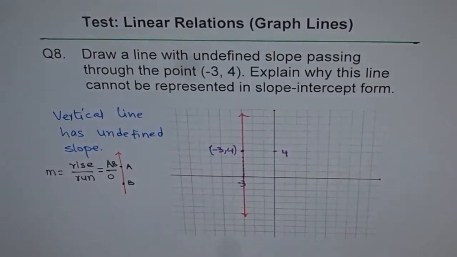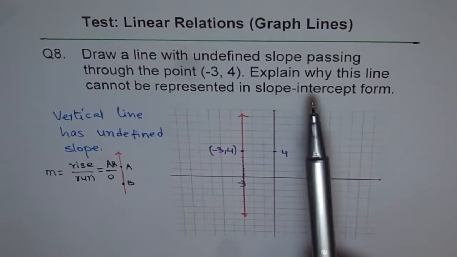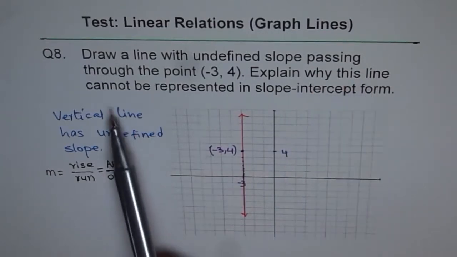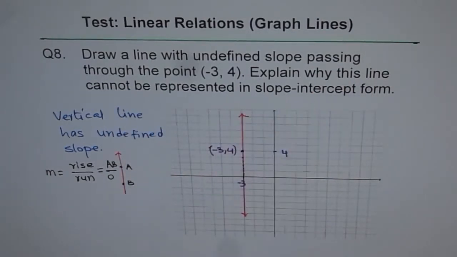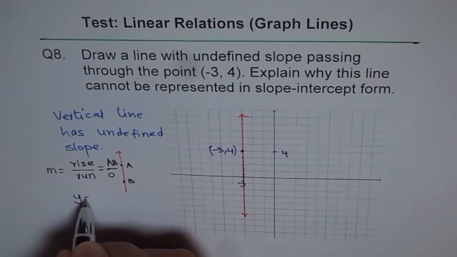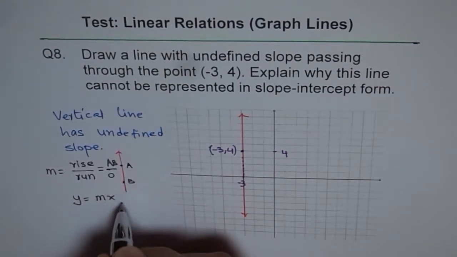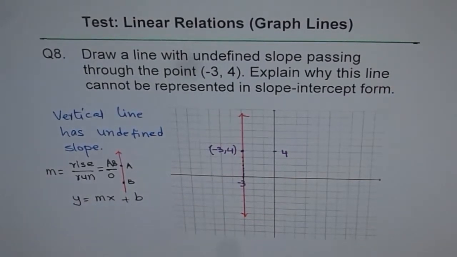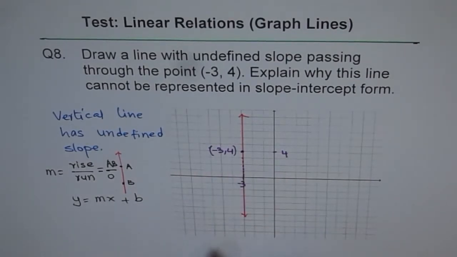Now the second part of the question is, explain why this line cannot be represented in slope-intercept form. Now let's have a look at slope-intercept form. It is y equals mx plus b. Now in this, b is the y-intercept. As you can see, there is no y-intercept. But more than that, m is slope.